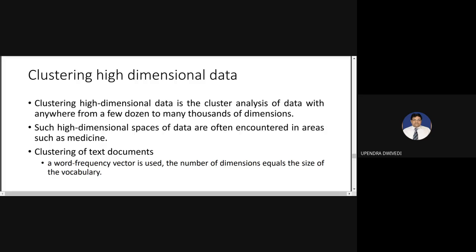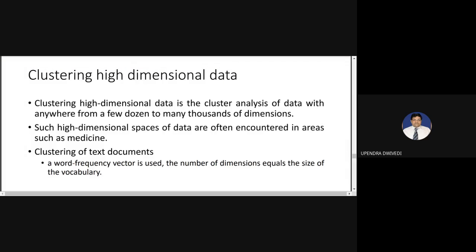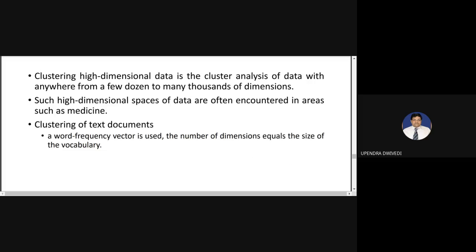A word frequency vector is used, where the number of dimensions equals the size of the vocabulary. When you go for classification of text documents and define the dimension of the word vector, the size of the word vector will be equal to the size of the vocabulary of the document. So that can be high dimensional.